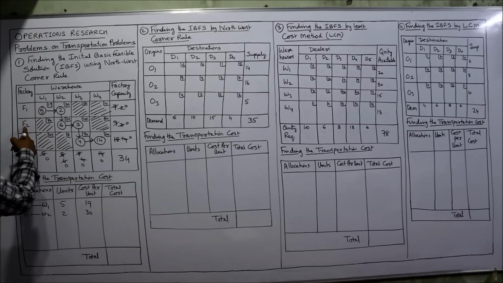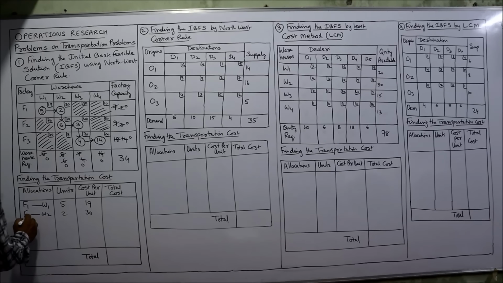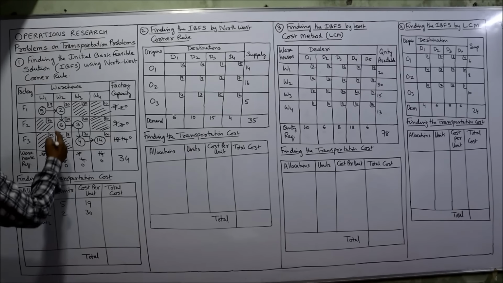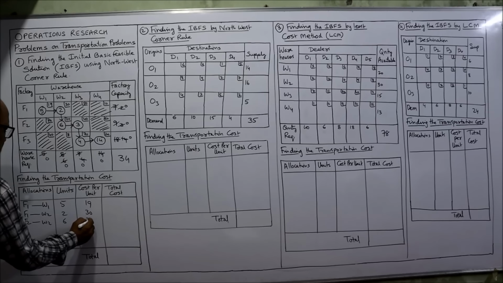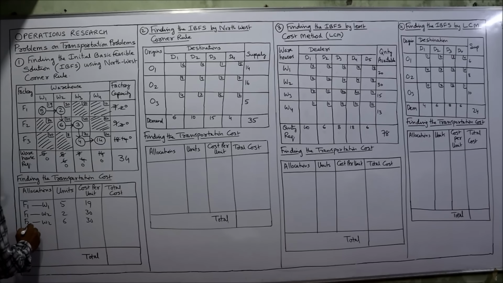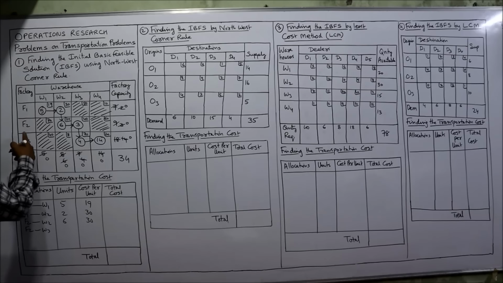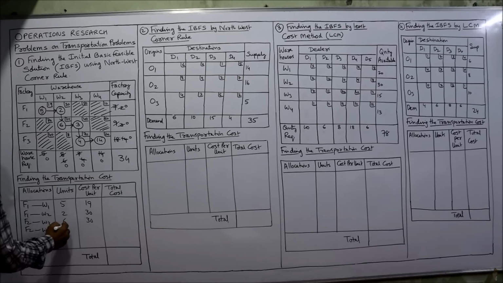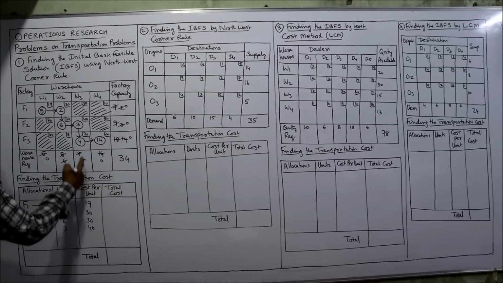Then F2 W2, 6 units, 30 rupees. F2 W3, 3 units, 40 rupees.